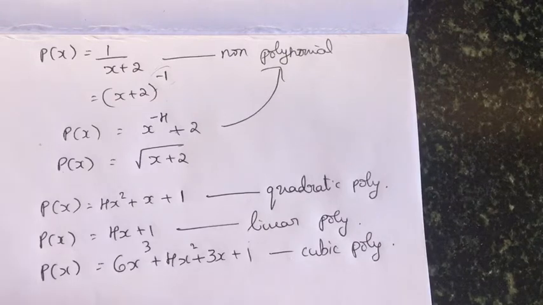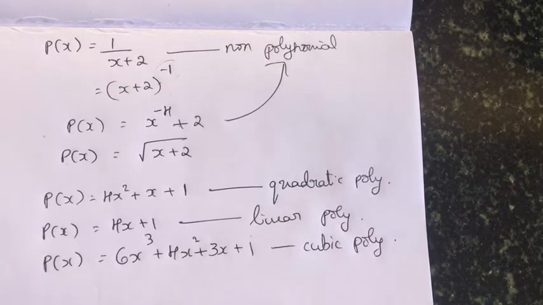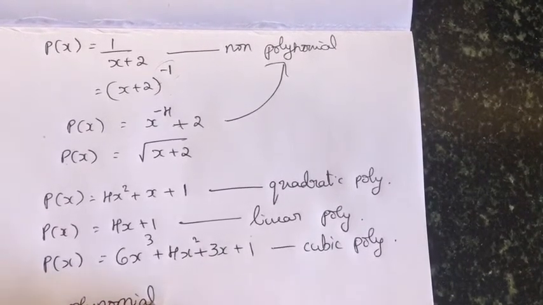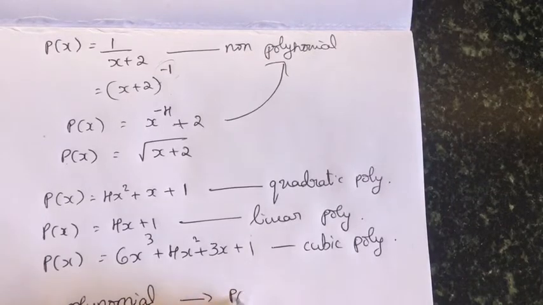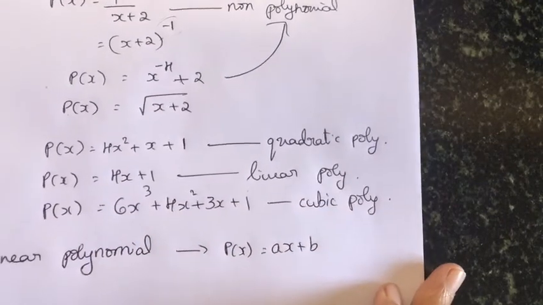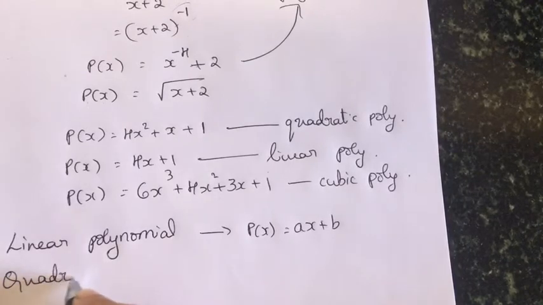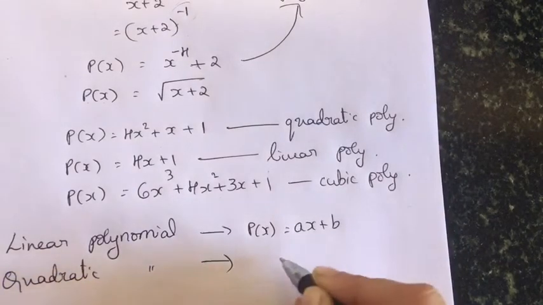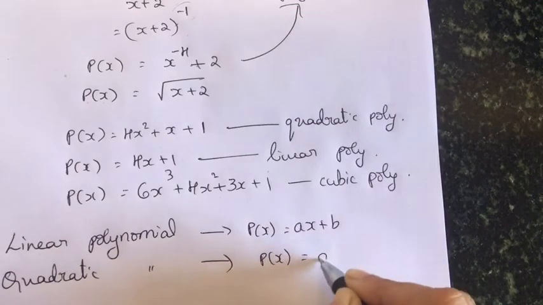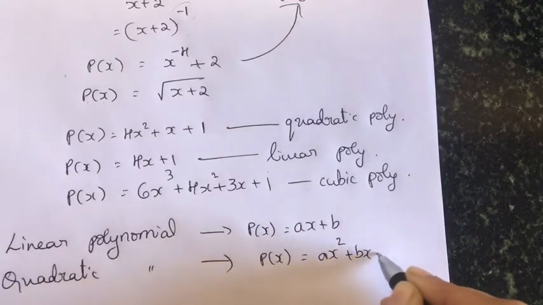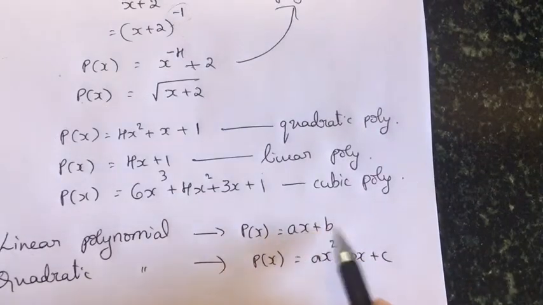So in general, if I have to write a linear polynomial, I'll write it as say p of x equal to ax plus b. It's a general way of writing a linear polynomial. Similarly, a quadratic polynomial, I'm writing it as p of x equal to ax square plus bx plus c, where a, b, c are the constants.